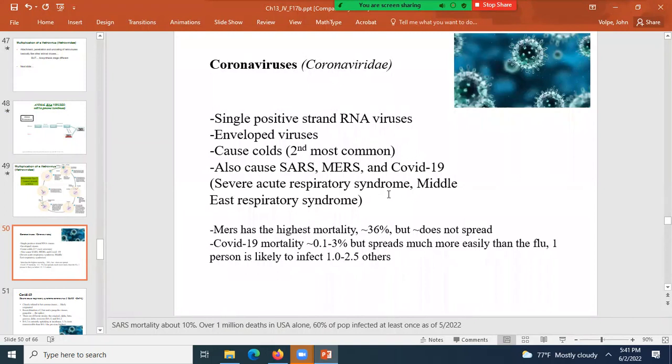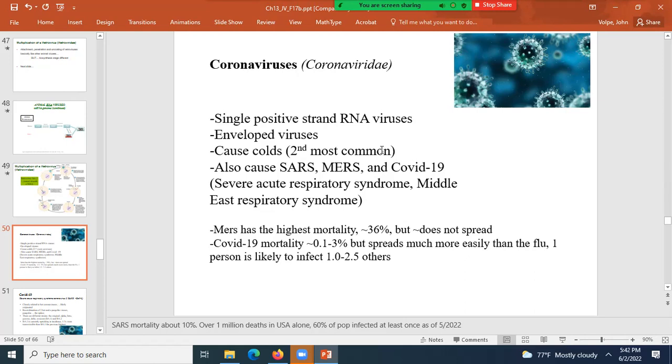Coronaviruses is a family of RNA viruses. The family has a single positive strand, meaning a single strand, positive strand RNA virus. It is enveloped, and that's the envelope you're seeing here with the spikes. Obviously, in the coronavirus family, we have COVID-19, but coronaviruses have been known to humans for a long time. They're actually the second most common cause of the cold.